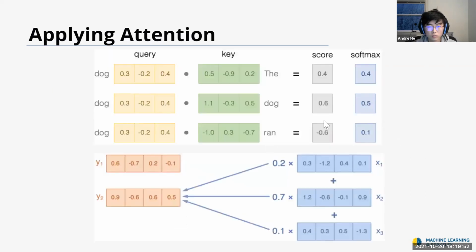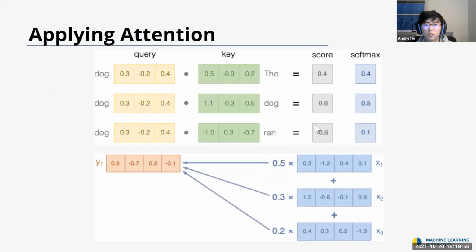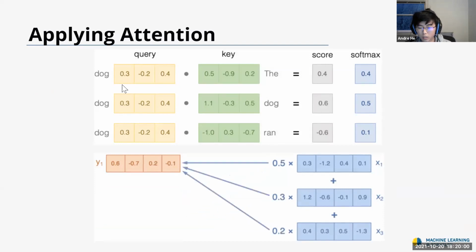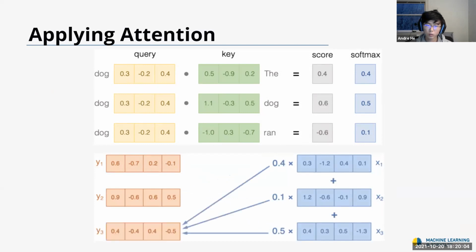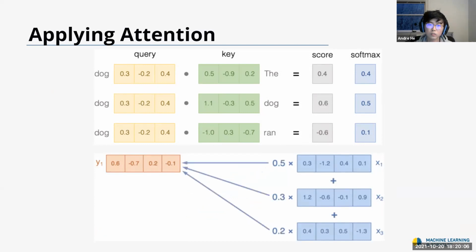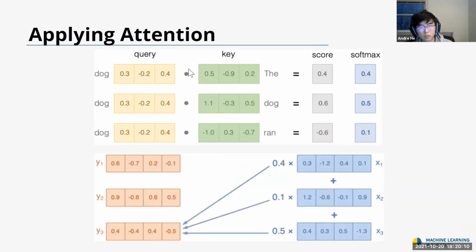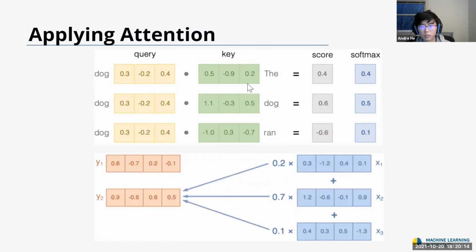And here's an animation that makes it a bit more visual. Of course, you're still only looking at how attention is applied to the word dog. You'll have to repeat this process for every word in the sequence. So dog has a query. It gets dot producted with the key of every other word.